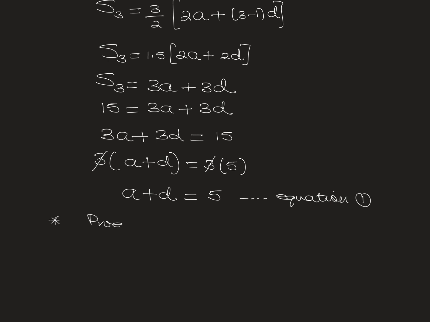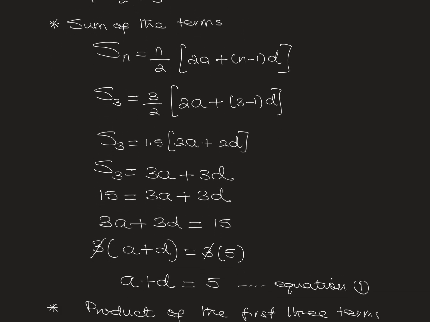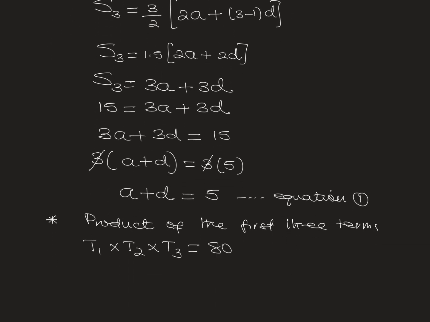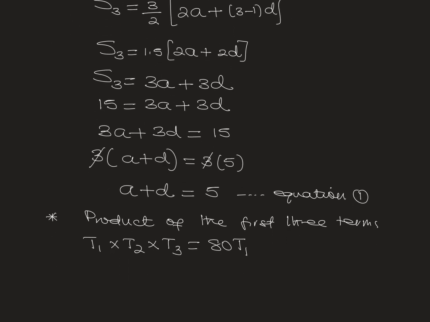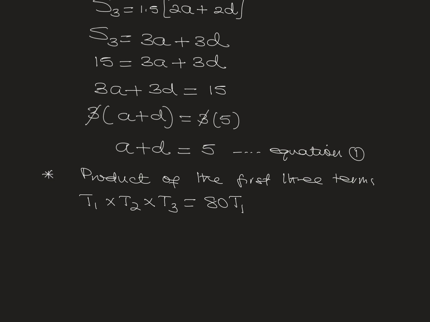The product of the first three terms, that is T1 times T2 times T3, is equal to 80 times the first term, 80 T1. So T1 is just A. That should be multiplied by what is T2.